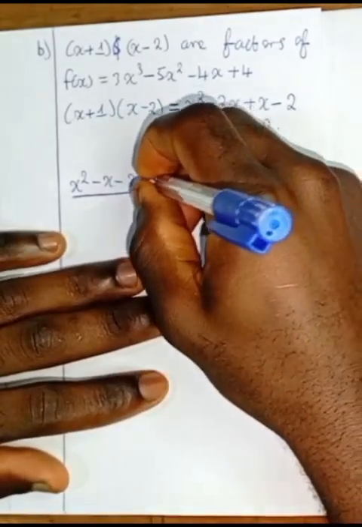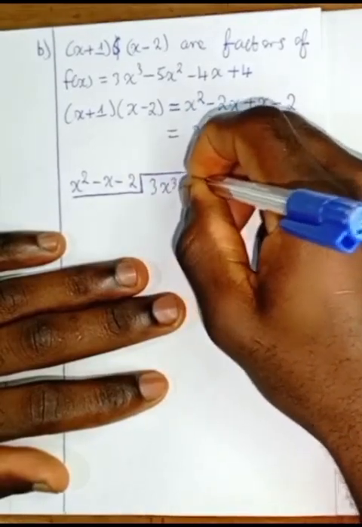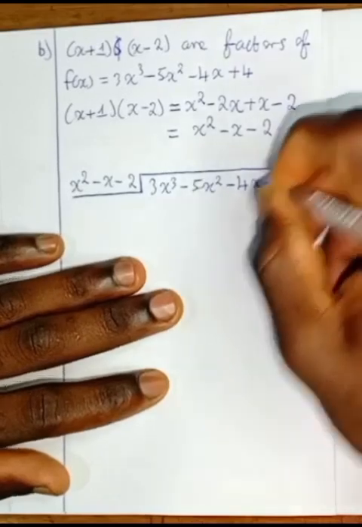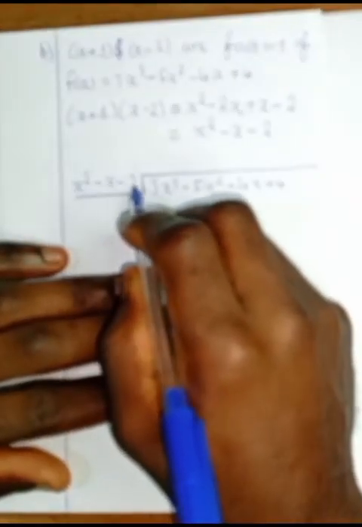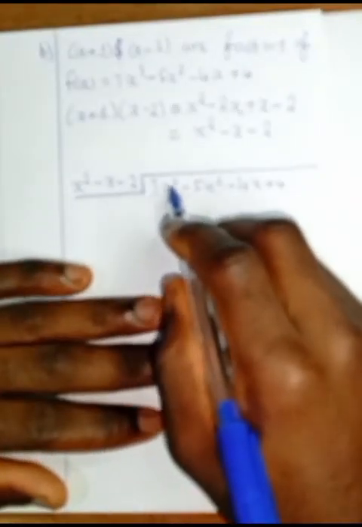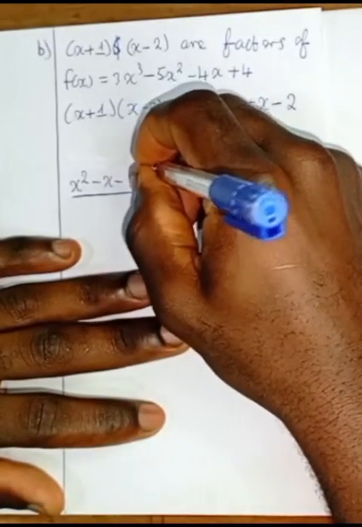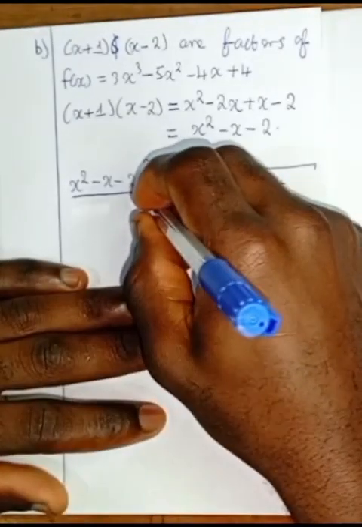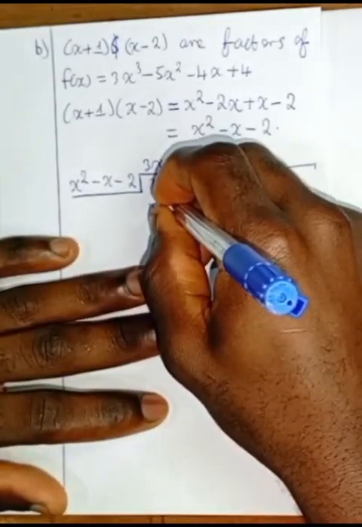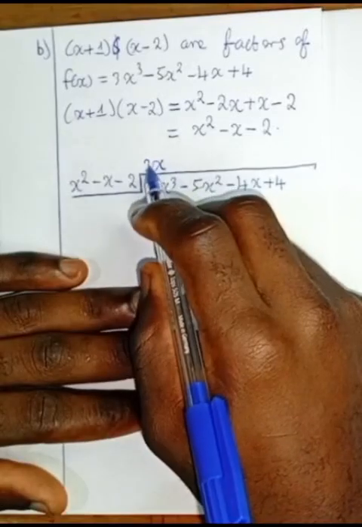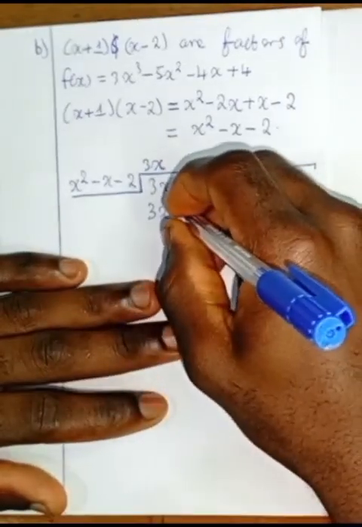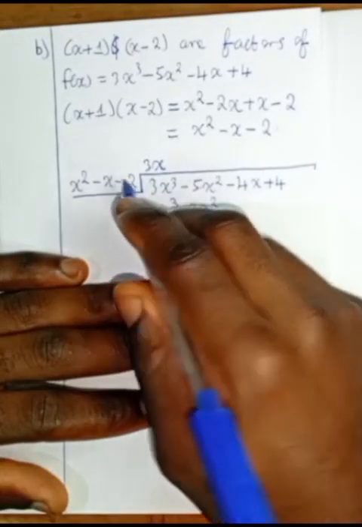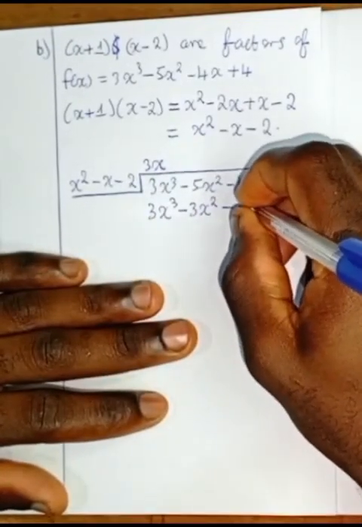Let's divide the 3x cubed minus 5x squared minus 4x plus 4 by x squared minus x minus 2. 3x cubed divided by x squared is 3x. Next we have to multiply. 3x times x squared is 3x cubed. 3x times negative x gives us negative 3x squared. 3x times negative 2 gives us negative 6x.